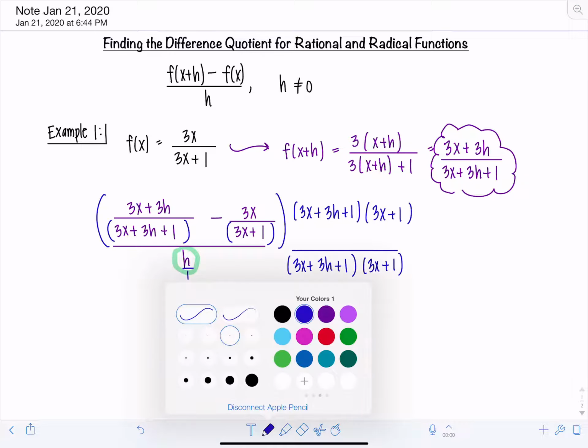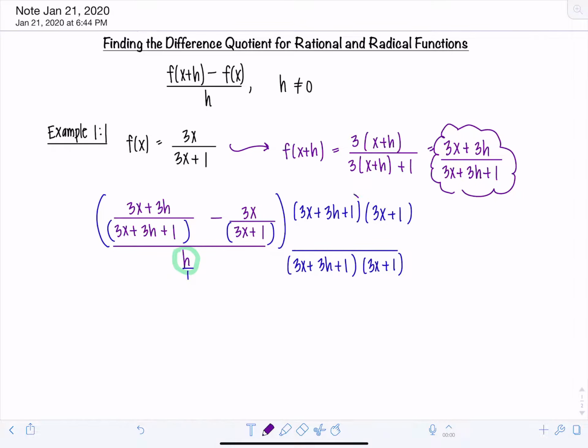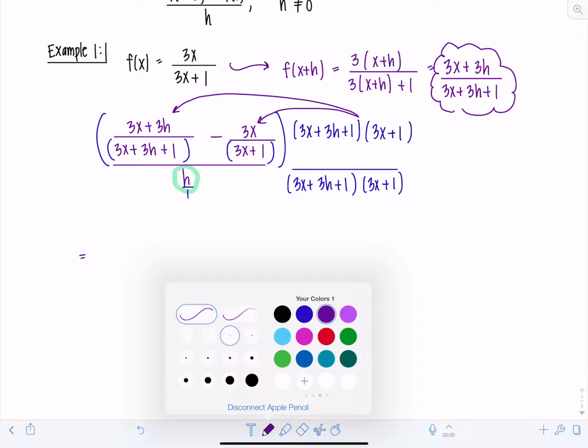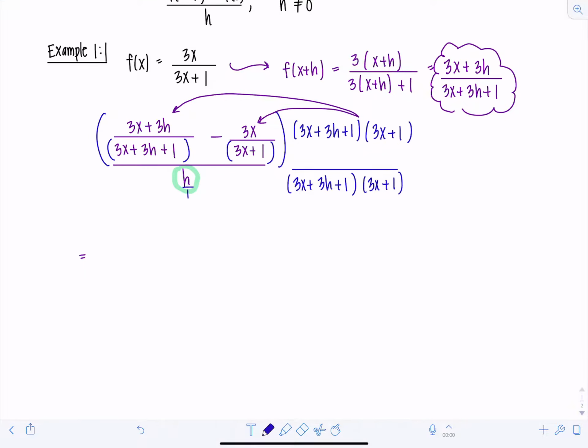Great. Now from here, let's distribute. So this LCD gets distributed to the first term in the numerator and the second term. So when I distribute to the first term, notice that this 3x plus 3h plus 1 is going to cancel out, right? So I'm going to be left with 3x plus 3h times what's left over, just this 3x plus 1. Okay, that's from distributing to the first term.